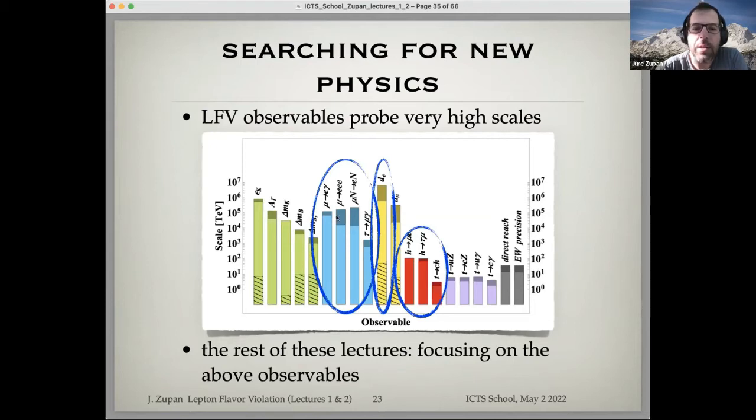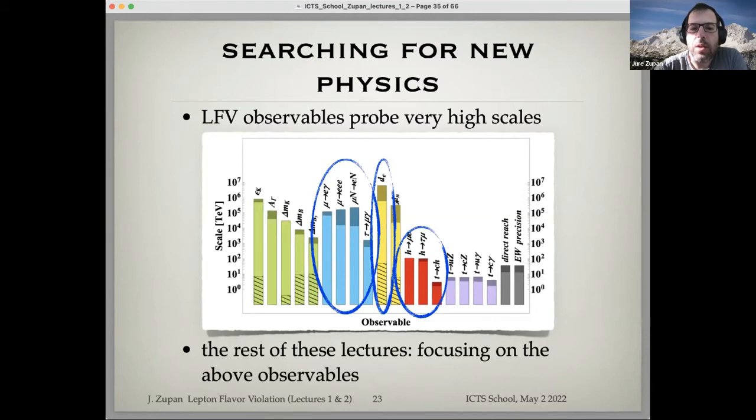flavor violating decays: mu to e gamma, mu to 3e, mu to e conversion, tau to mu gamma. They differ depending on which probe you take. The darker shaded regions are the projections. The lighter regions are the present sensitivities.